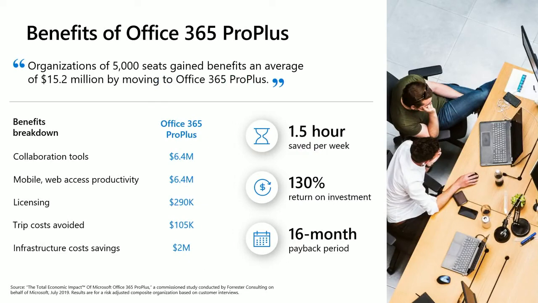And we're seeing that with the data we've surveyed from multiple organizations around the world. You could see that we're saving about an hour and a half per week as we deliver net new features across every single one of these apps. So you're getting a significant return on investment as you are delivering it.